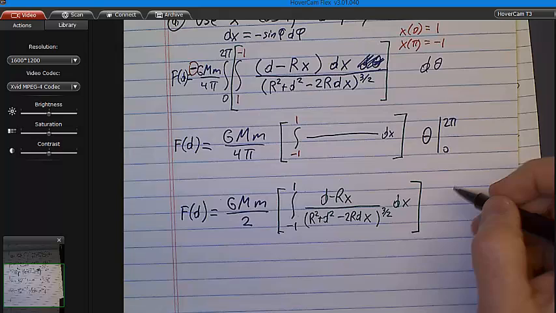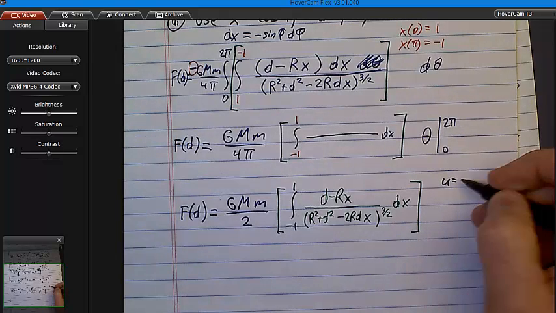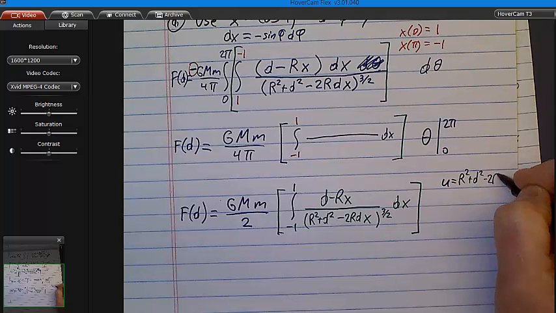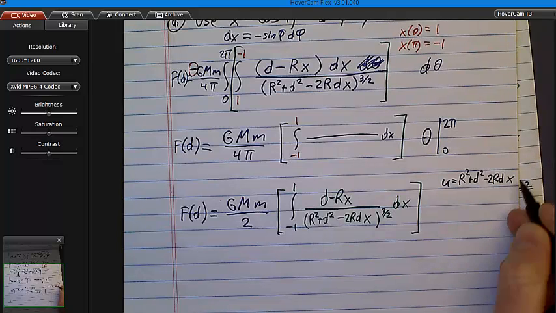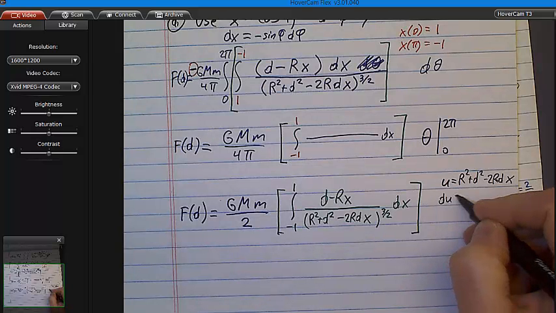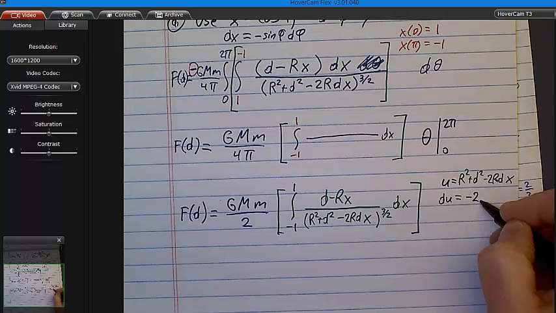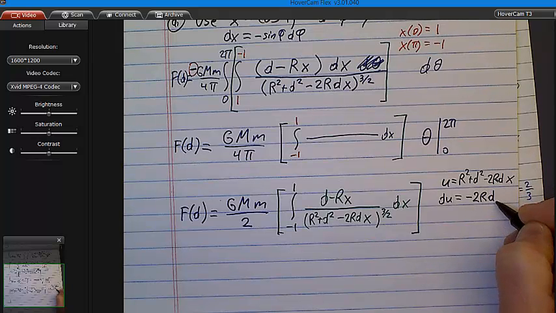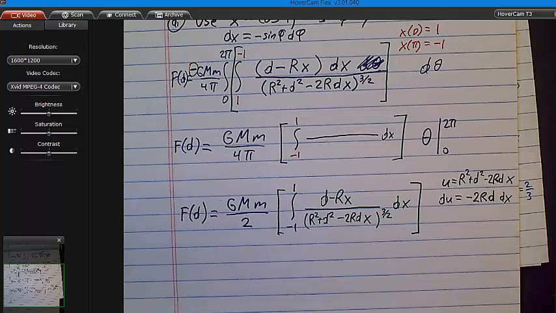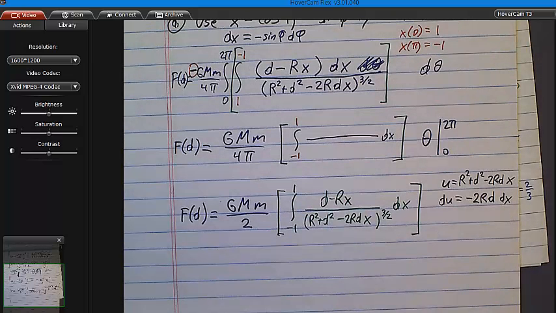Okay, so u is equal to the bottom. It's r squared plus d squared minus 2rdx. The only variable there is x, right, guys? Okay, so then du is equal to negative 2rd dx, right? So I guess the numerator may be an issue.